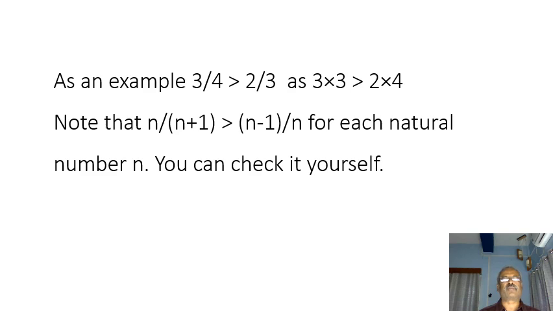Note that n by n plus 1 is always greater as a fraction than the fraction n minus 1 by n for each natural number n. So n must be a natural number, and you can check it yourself.